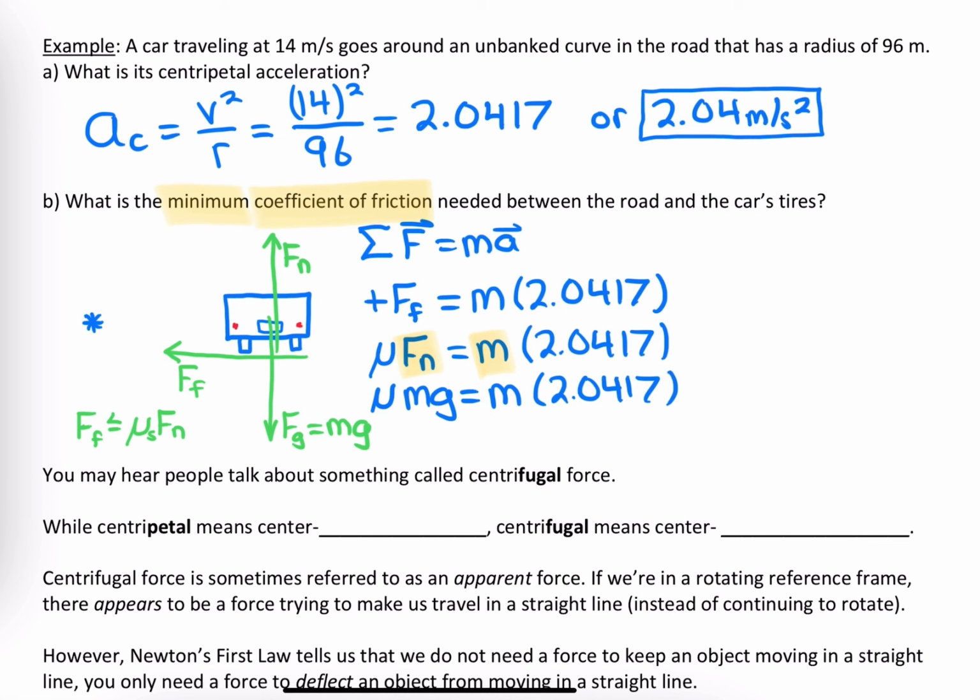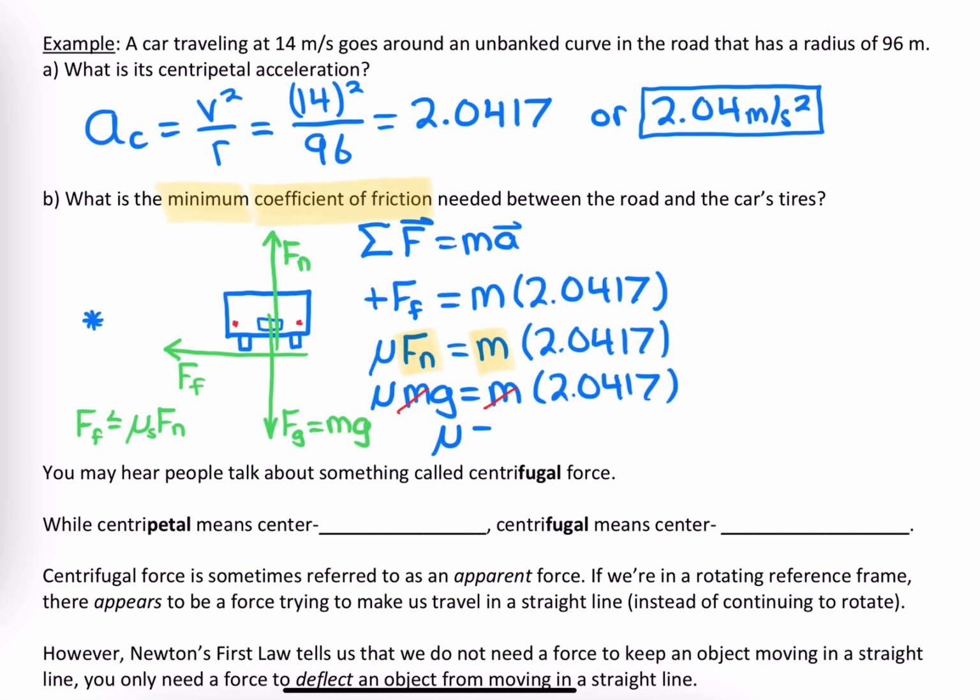And now the m's can cancel out, and I can solve for mu. So if I take this and divide it by little g, which is 9.8, I get mu is 0.208.